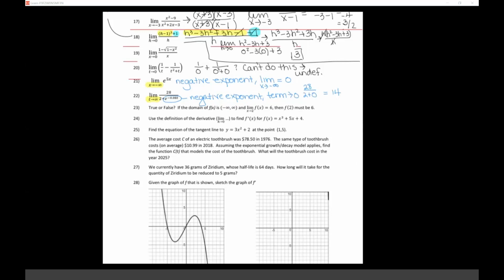Am I saying anything in this statement about continuity? Am I saying that f must be continuous here? No. Can you come up with a function that has a discontinuity but is defined everywhere?